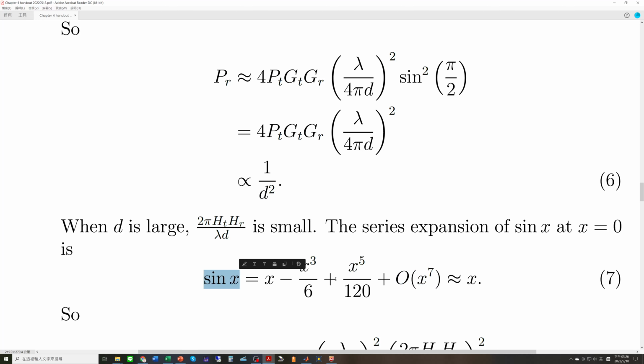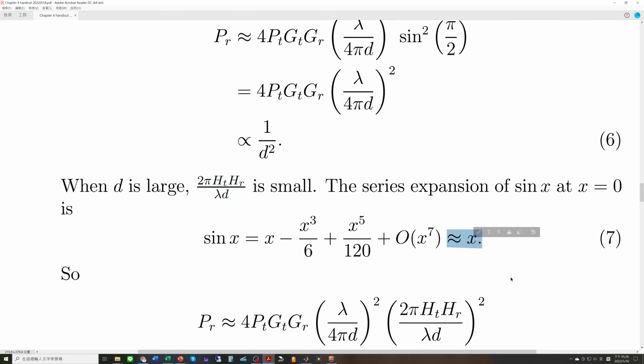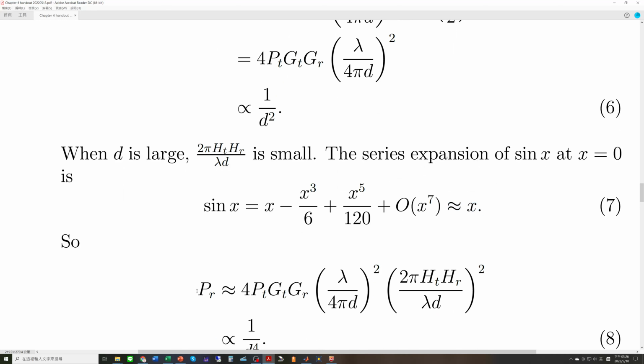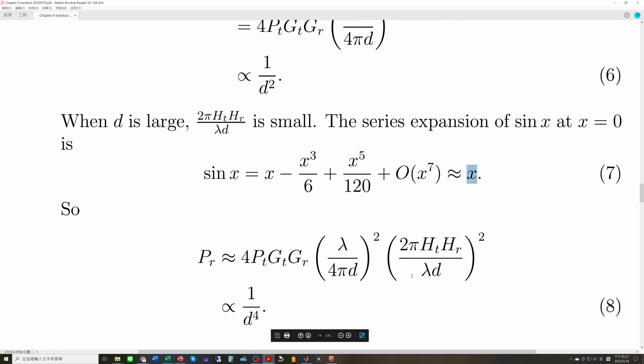So sine x is approximately x. So PR is approximately 4 times PT GT GR times lambda over 4 pi d squared times 2 pi HTHR over lambda d squared. Because originally it is sine squared 2 pi HTHR over lambda d, now because sine x is approximately x, we use x squared instead.